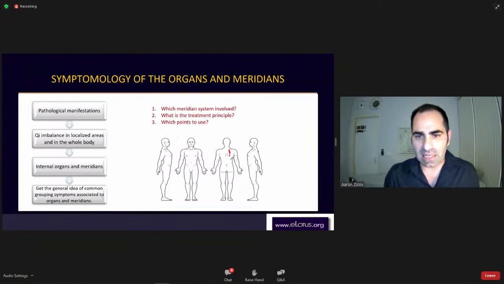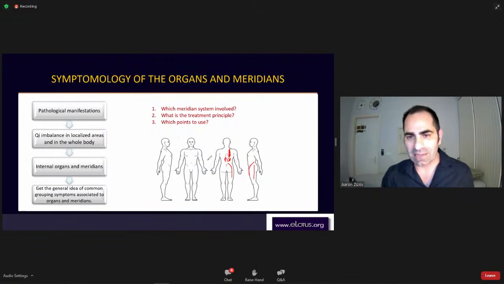If it also goes inside, maybe besides the bladder meridian on the upper back, the kidneys are involved as an internal organ. If the pain goes down, I need to understand on which channel. Does it go on the side, or from the back forward? This is the basic understanding for me.